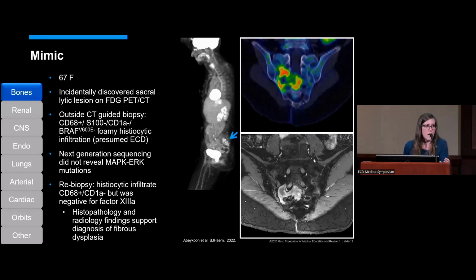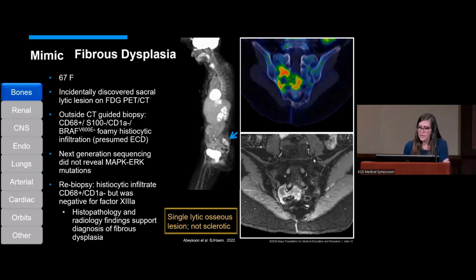And so this led to a rebiopsy, and it showed a histiocytic infiltrate, but it was negative for factor 13A. So both the histopathology and the radiologic findings supported a diagnosis of fibrous dysplasia. This was a single osseous lesion that we saw on her PET CT. It was lytic, it was not sclerotic, so it didn't have the typical features that we would see with ECD.